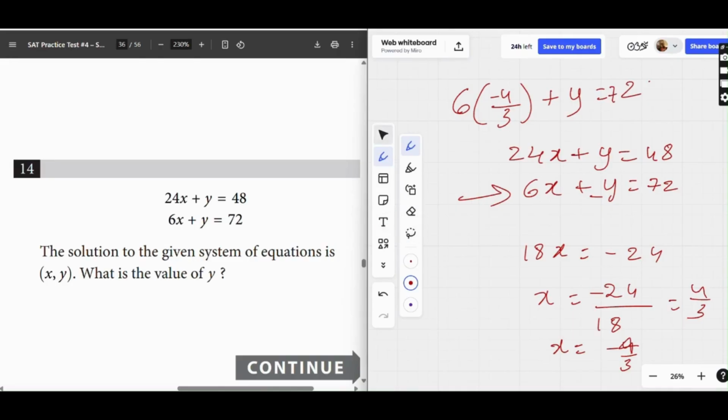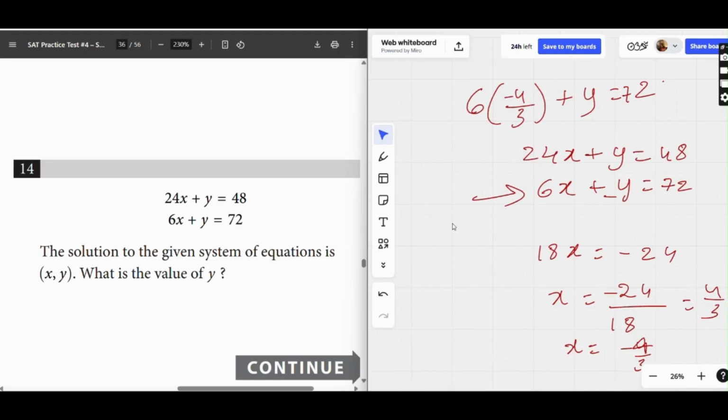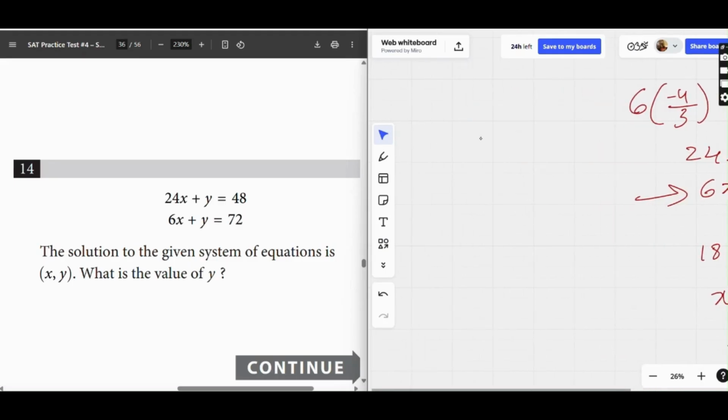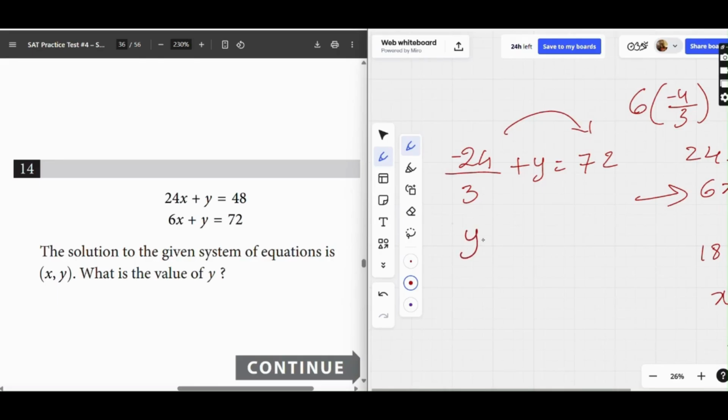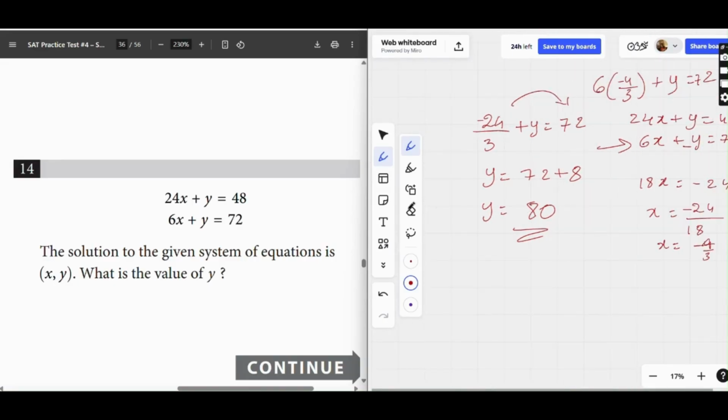So 6 multiplied with negative 4 is negative 24. Negative 24 divided by 3 is negative 8, plus y equals 72. That's going to go to the right-hand side, giving you 72 plus 8, which equals 80. Okay, you got this. So 80 is the value of y.